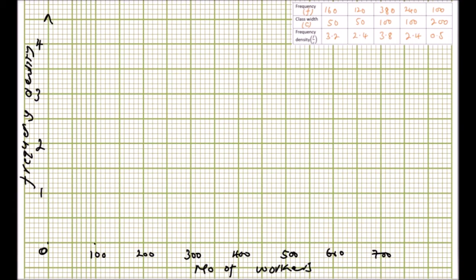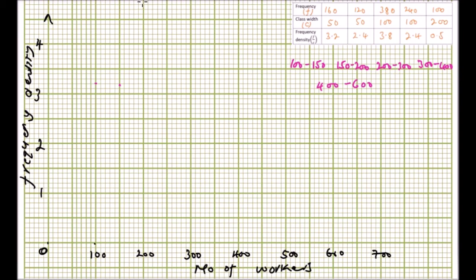So from there, we have our table here. So for 100 to 150, the frequency density is 3.2. So 100 is here, 3.2, we say it is that point. So we will draw a bar up to 150 at 3.2.